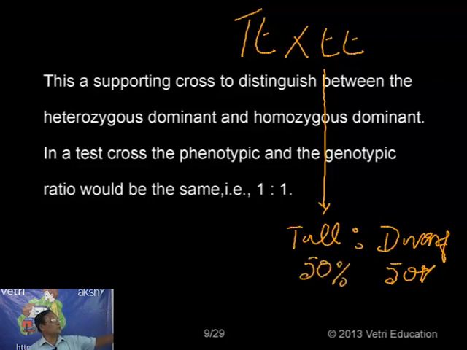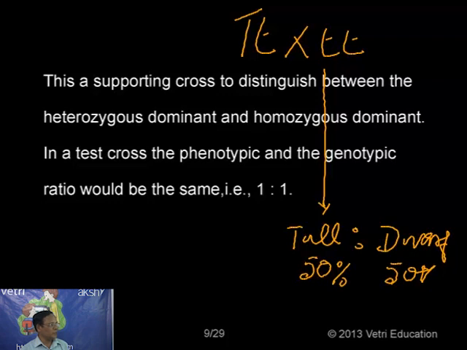In this case we are making a cross between a heterozygous dominant and a homozygous recessive. If the dominant parent is heterozygous, then we get tall and dwarf plants in a ratio of 1:1. So in a test cross, if the phenotypic ratio is 1:1, then the genetic nature of the parents will be heterozygous dominant and homozygous recessive.